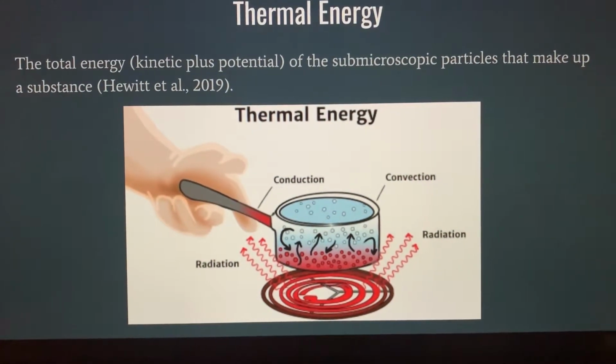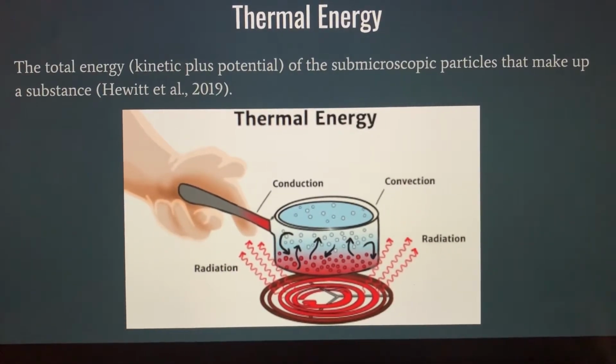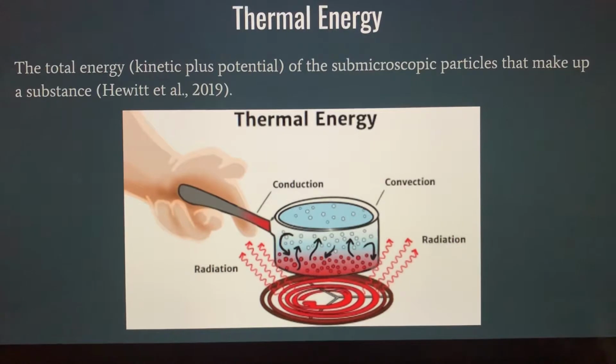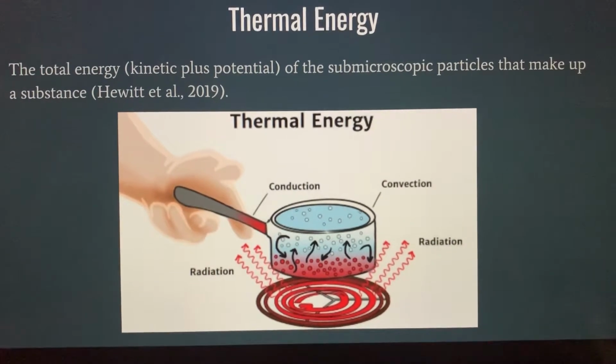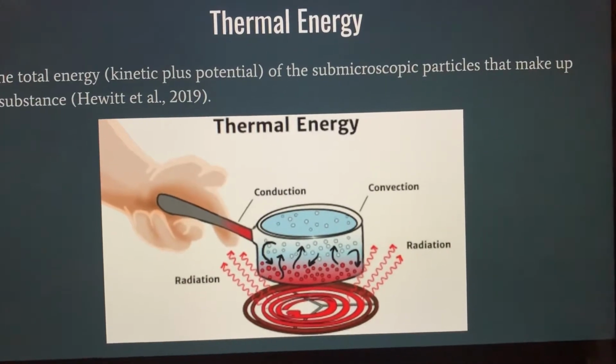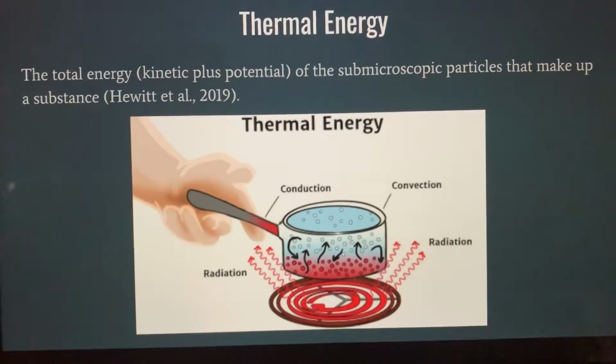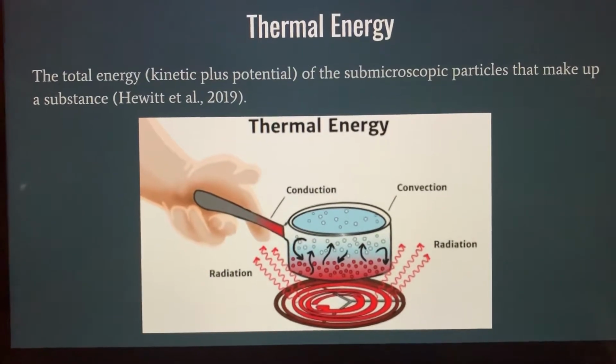Thermal energy. The total kinetic plus potential energy of the submicroscopic particles that make up a substance. So basically that is energy that is in a substance and it's going to go from one place to another.